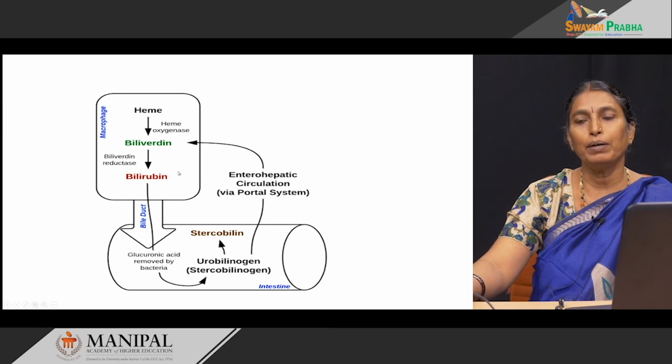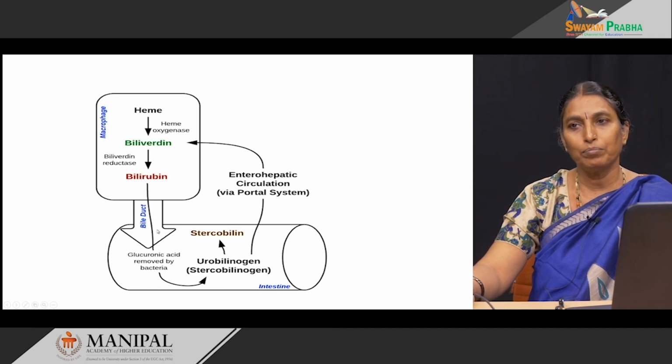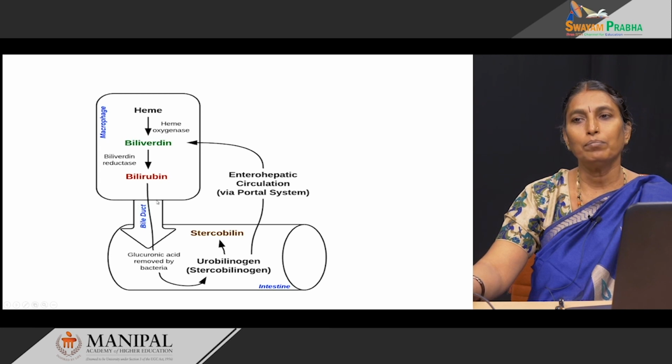This bilirubin bound to albumin is taken to the liver, and the liver will take this bilirubin from the albumin and conjugate it with glucuronic acid, forming bilirubin monoglucuronide or bilirubin diglucuronide, and then it is excreted into the bile.